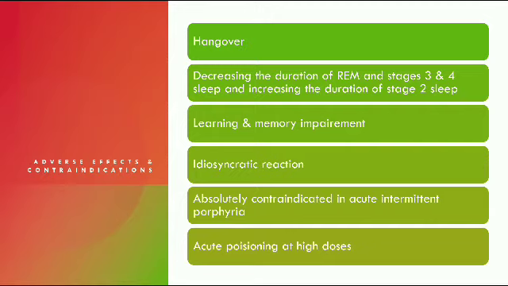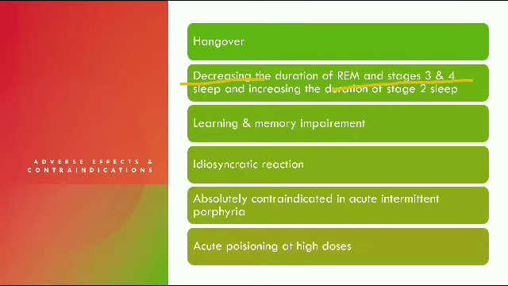And also barbiturates can cause distortion of sleep architecture. So barbiturates distort the sleeping pattern. And how does it do the same thing? It distorts the sleep architecture by decreasing the duration of rapid eye movement.